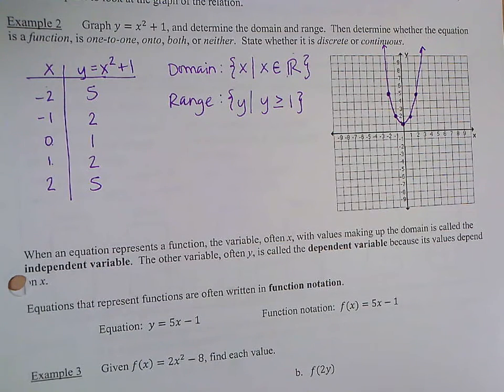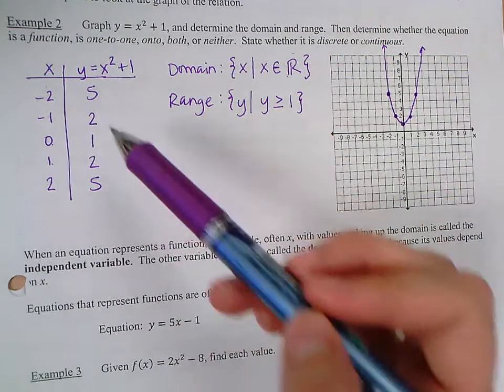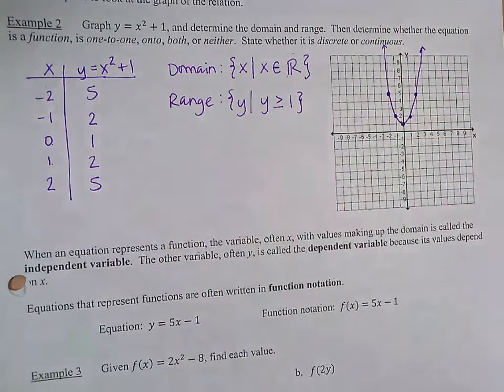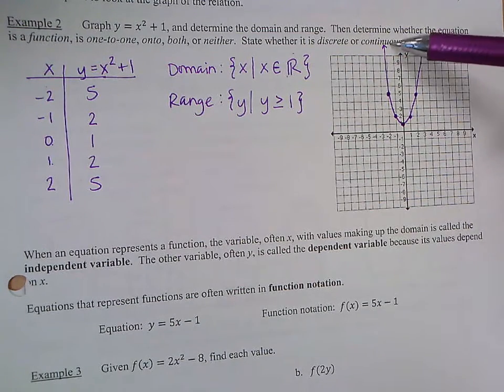Okay, now looking at this, would you say this is a function? I see some nods, I hear some yeses. So you could either look at the table you made, or as we talked about, if you plug an x value in, you're not going to plug one x value in and get two different y values. But you could also use the vertical line test.